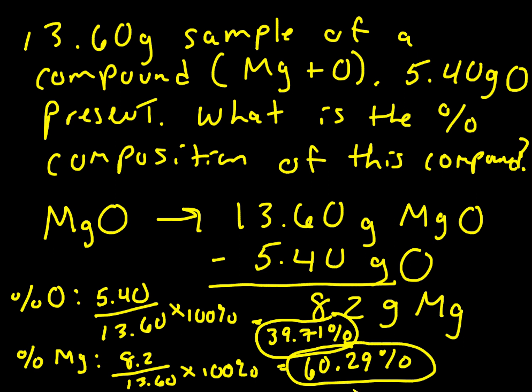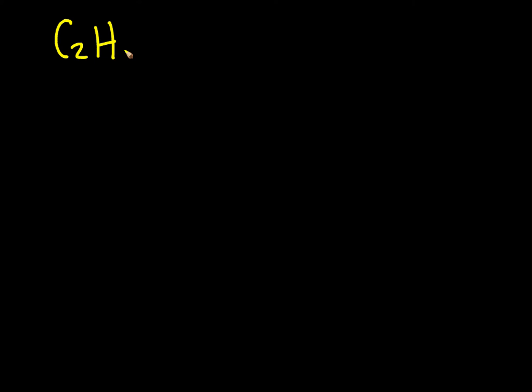All right, so now say if I just give you, let's see. So if I gave you ethane, C2H6, and I want to know the percent composition of ethane. So the first thing we need to do is calculate the molar mass of this ethane. So I have 2 carbons and 6 hydrogens. Remember, we're going to substitute our chemical symbol for the atomic mass.